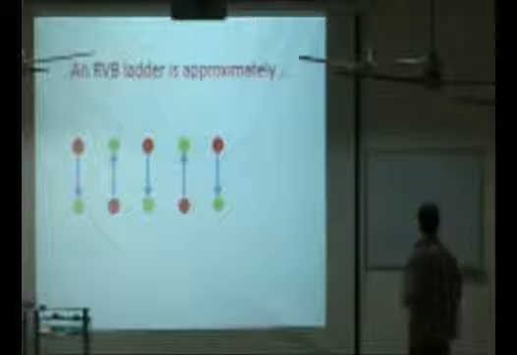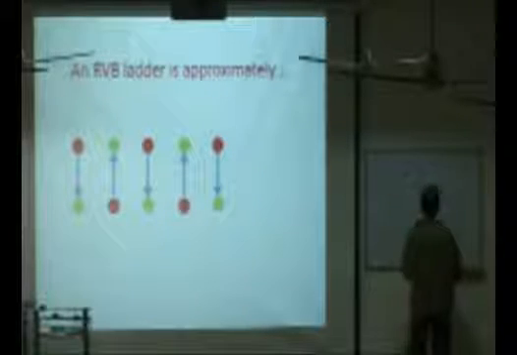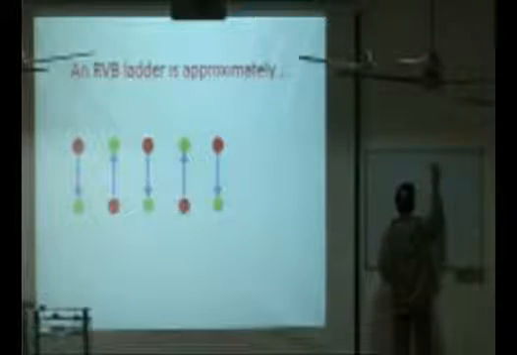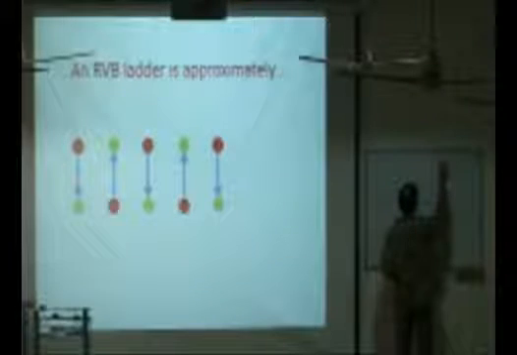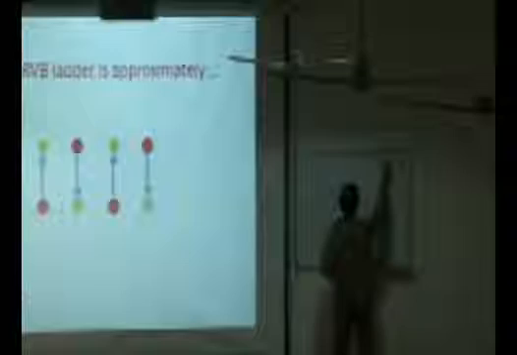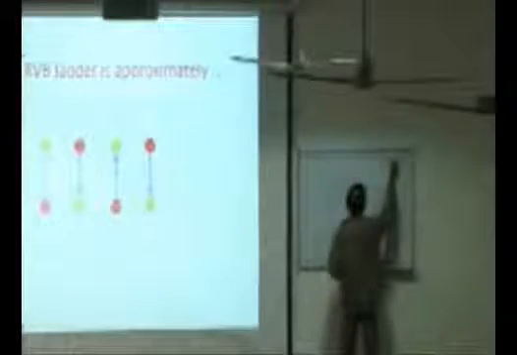Whereas in the other case, remember that in the isotropic case, for the square, we had that the entanglement of formation is less than 0.023. But in the ladder, you have entanglement of formation equal to maximal.